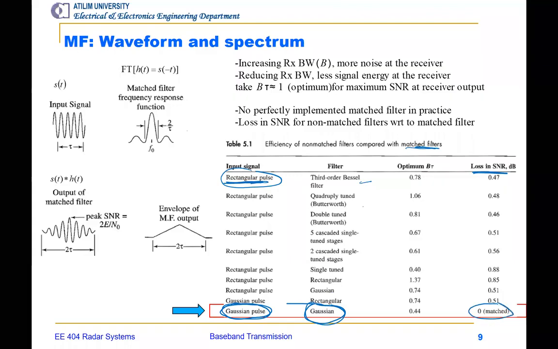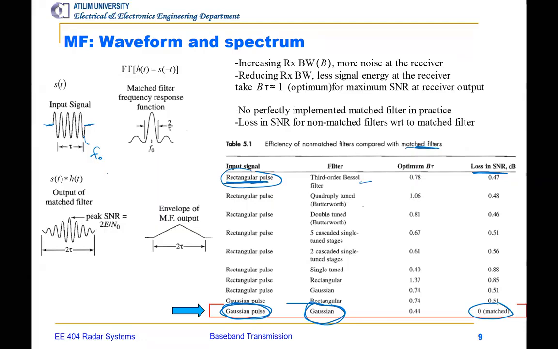On the left-hand side, you see how we implement the matched filter. We have already shown this in previous slides. Remember, the input is a rectangular pulse modulated sinusoid whose frequency is f0, and the matched filter of this input signal will be simply a rectangle.